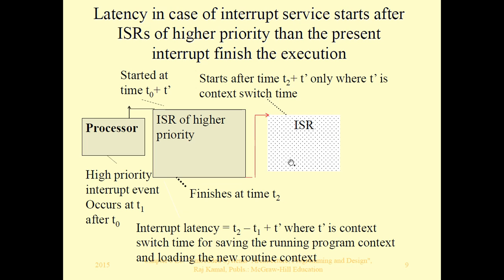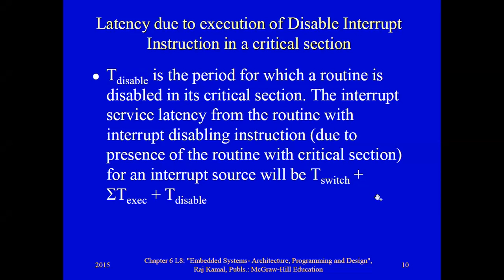Then the other ISR will only start after T2 plus T dash, where T dash is the context switching time in between these two ISRs. So here the interrupt latency is found by T2 minus T1 plus T dash, where T dash is the context switching time.